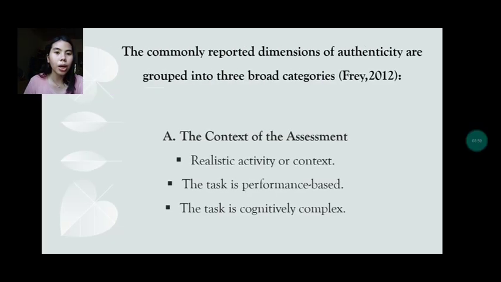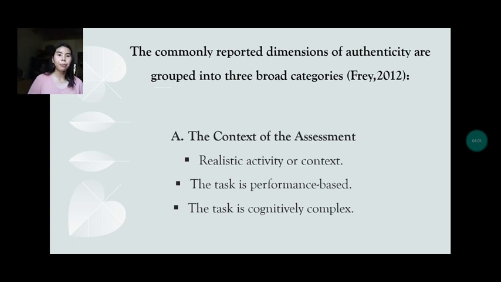And we have here the commonly reported dimensions of authenticity, grouped into 3 broad categories according to Frey in 2012. The first one is the context of the assessment. The context of assessment must be a realistic activity or context.